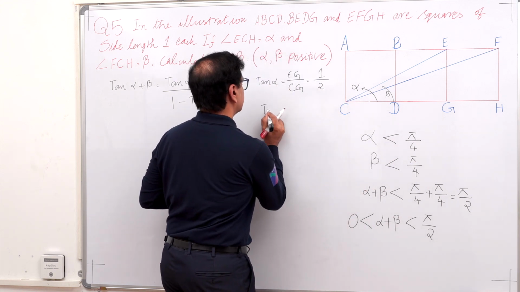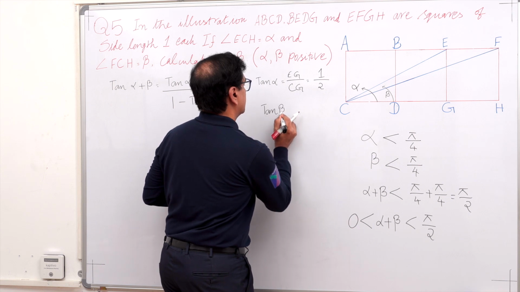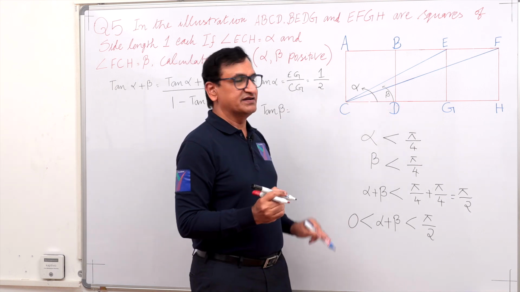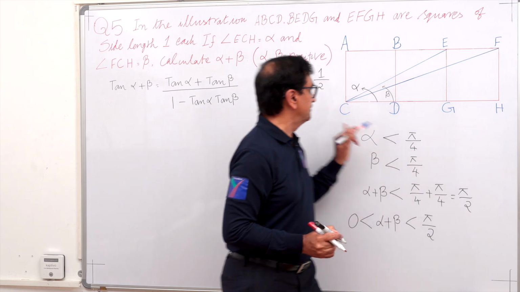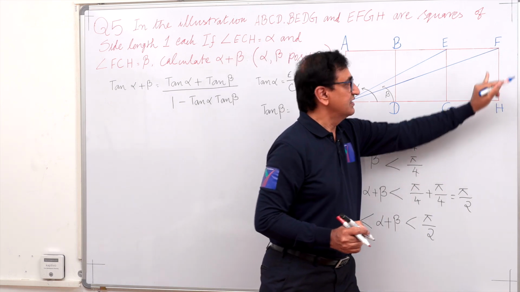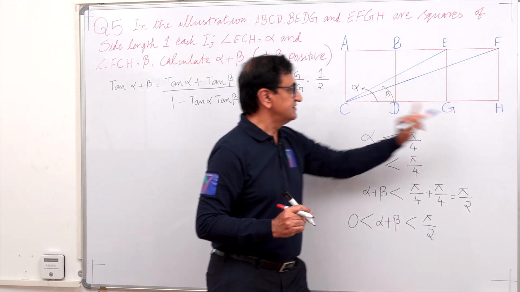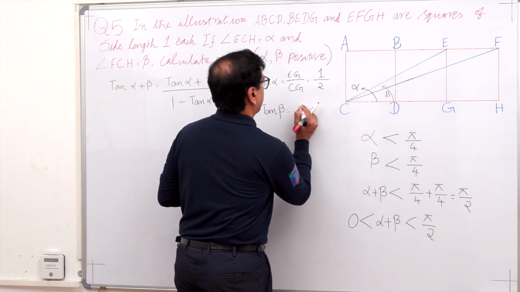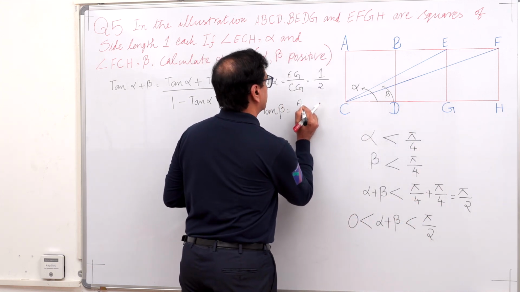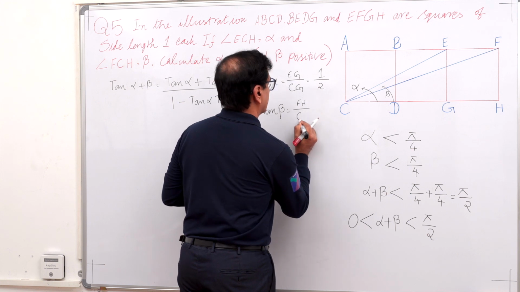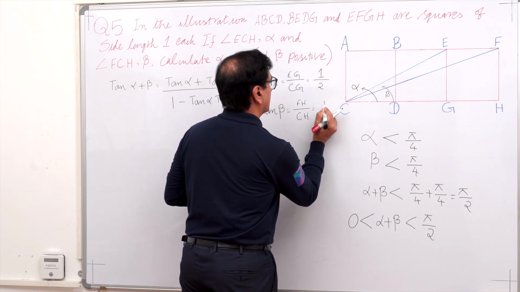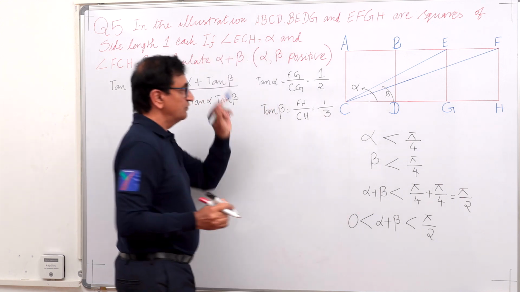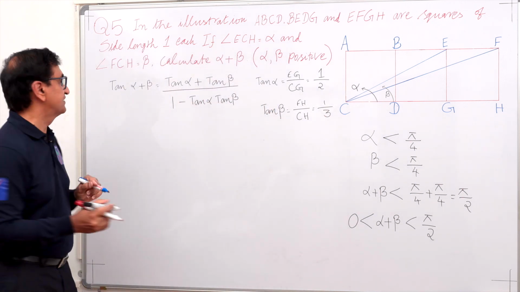Similarly, tan beta equals FH divided by CH. FH is 1 unit. CH is 1 plus 1 plus 1, 3 units. So 1 over 3. So we will plug in these values here and calculate.